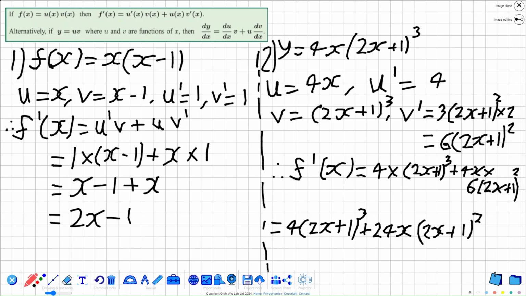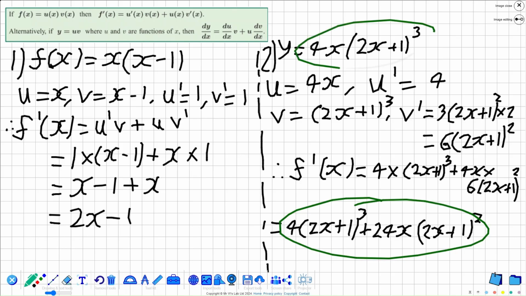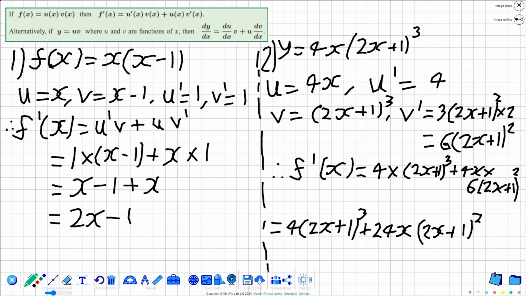So therefore, obviously using this method, this here is the derivative of that using the product rule. Pretty simple, so let's have a look at some more challenging questions.